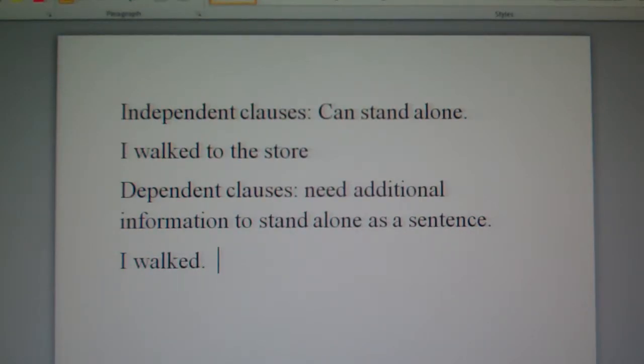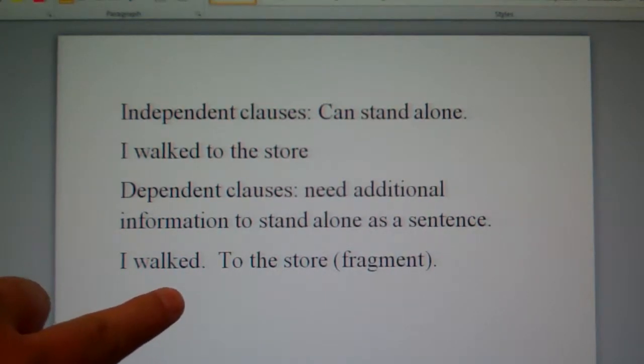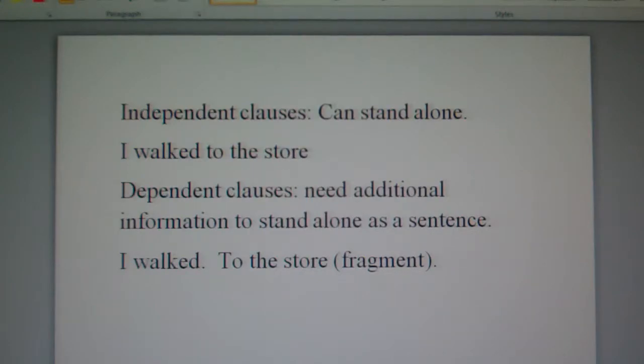It can stand alone, but the next part of the sentence, to the store, is actually what we call a fragment, because that is not enough qualifying information to make it stand alone as a sentence. So it becomes a dependent clause. That is, it is looking for the I walked to connect it together so that it can stand alone and make sense.